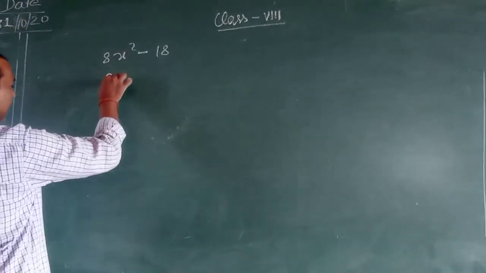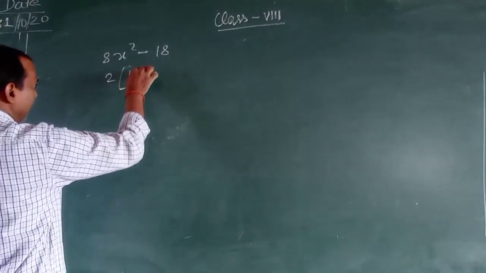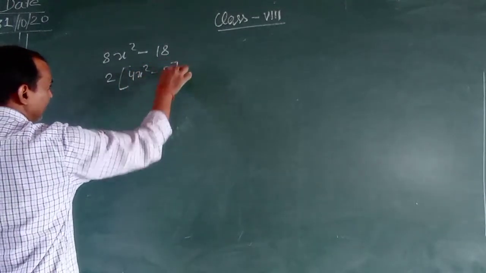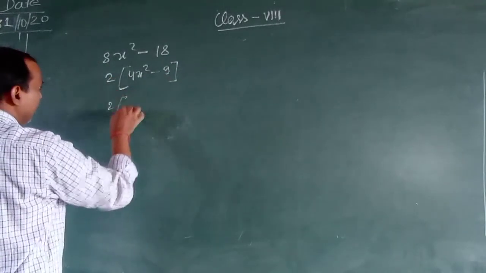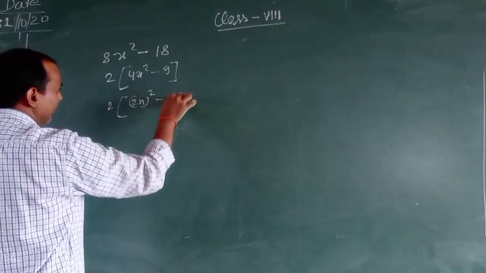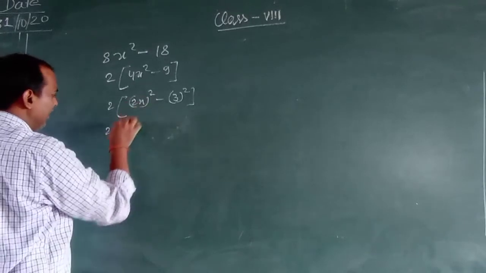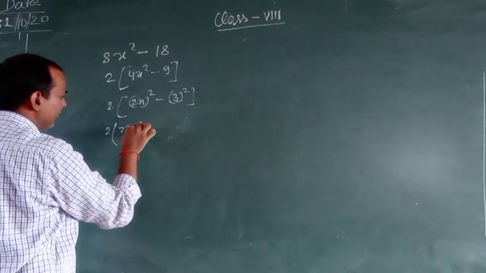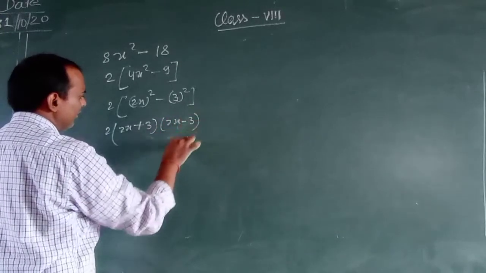That first we can take 2 common in bracket, it is 4x square minus 9. So it will be 2, and here it is 2x square minus 3 square. Now we can write it as 2x plus 3 into 2x minus 3.